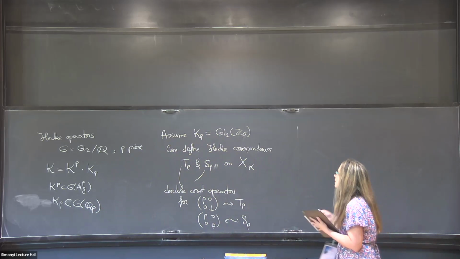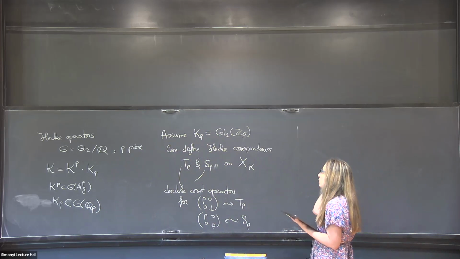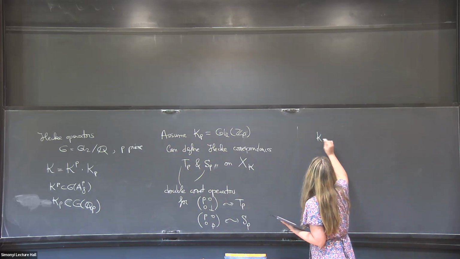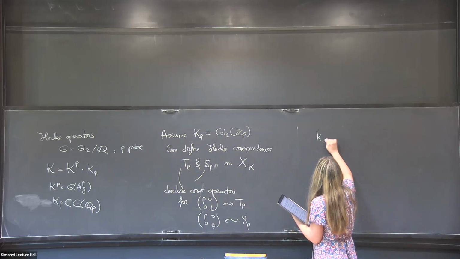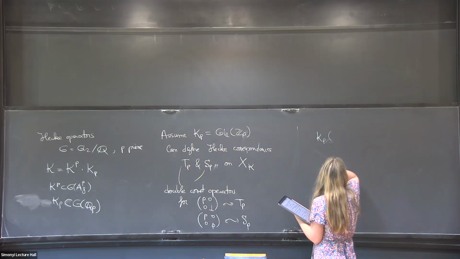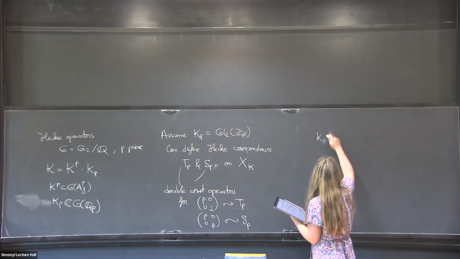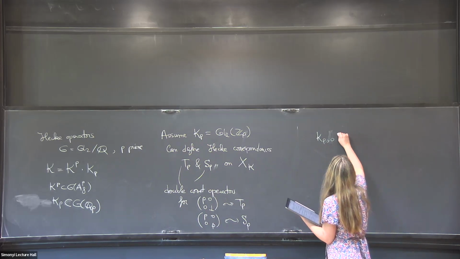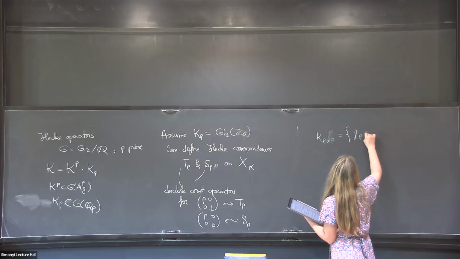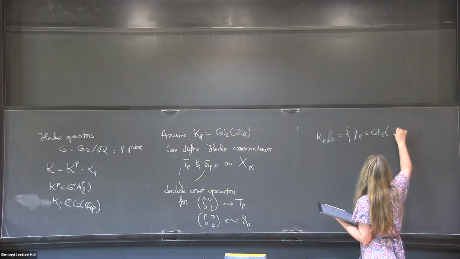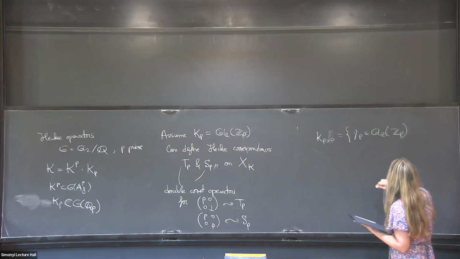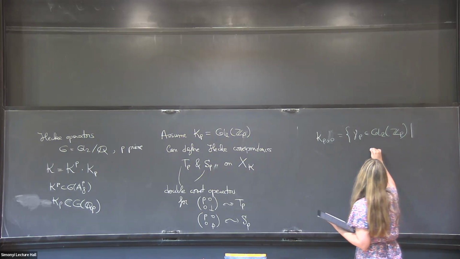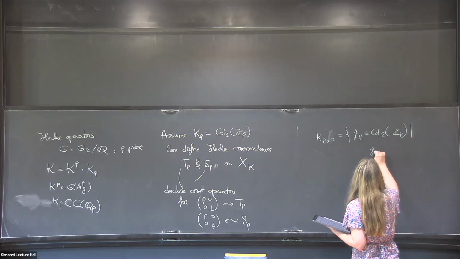So I'm going to define a subgroup that is the so-called Iwahori subgroup. I'm going to take K_{p,0}. I'm going to take this to be matrices inside the original K_p, so inside GL_2(Z_p), but that have an additional congruence condition.